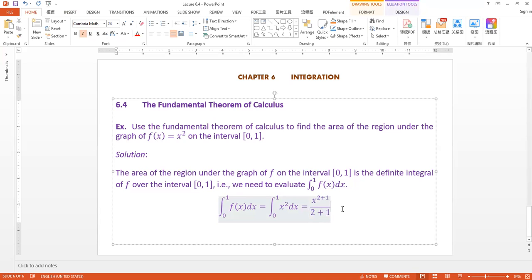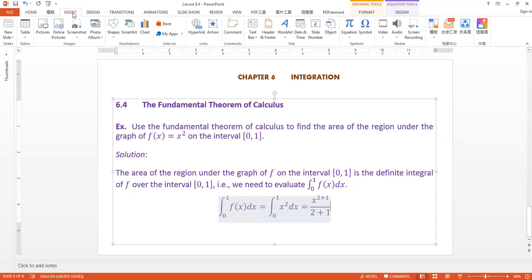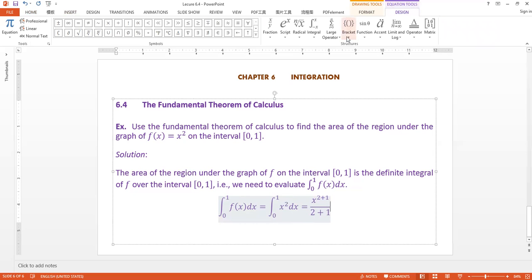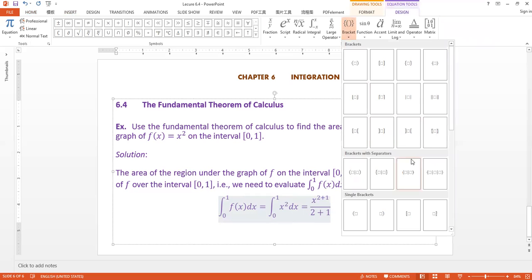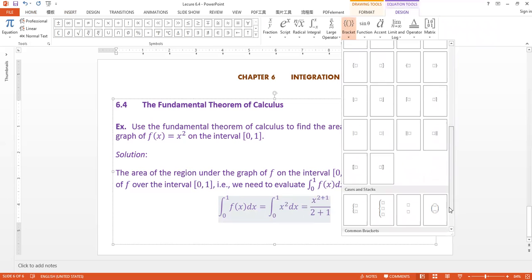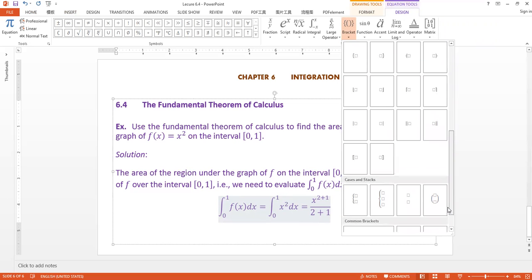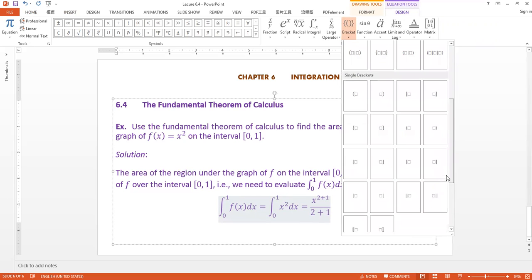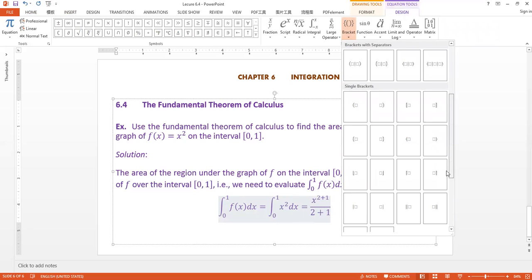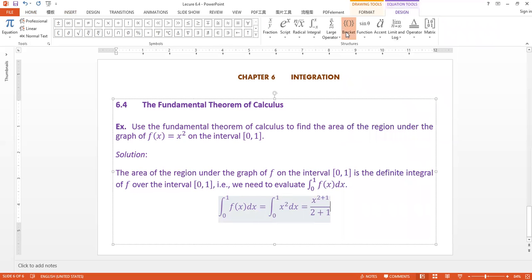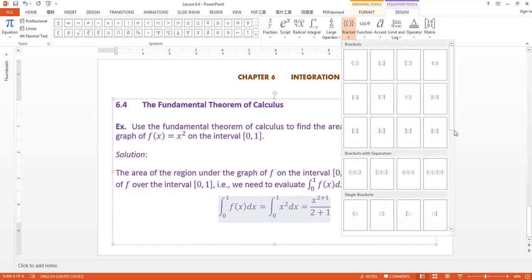And then we need to evaluate the antiderivative we found at the two endpoints, or the lower and upper limits of integration, and then subtract.